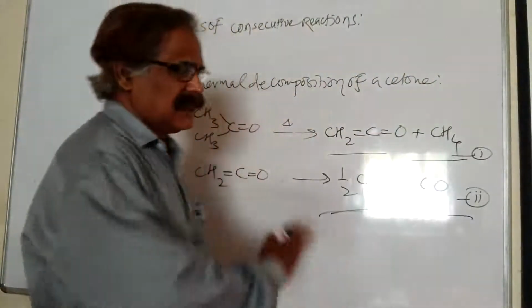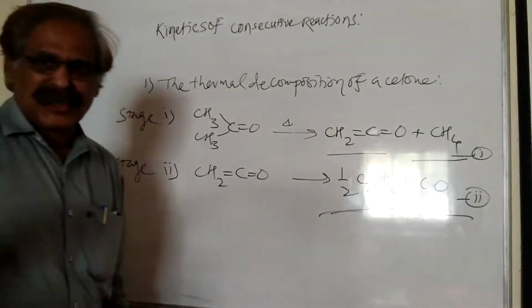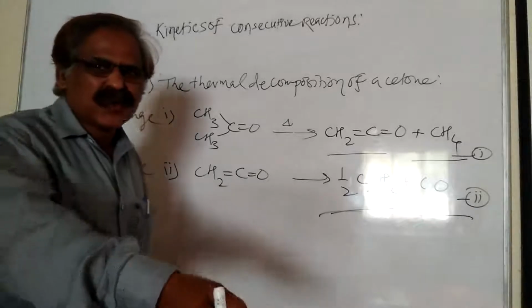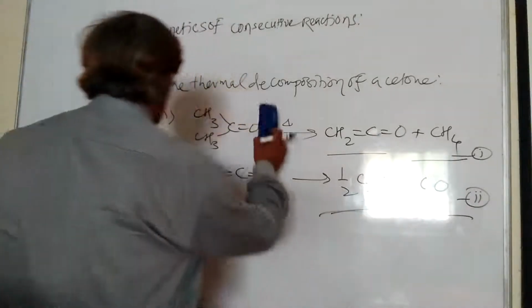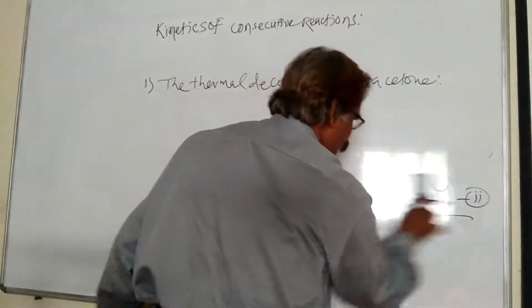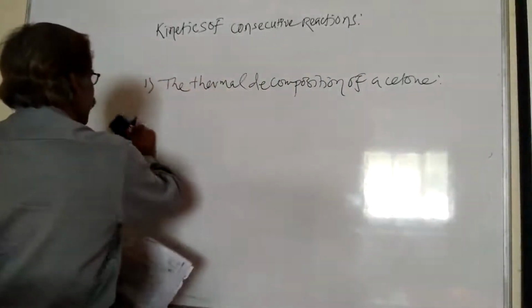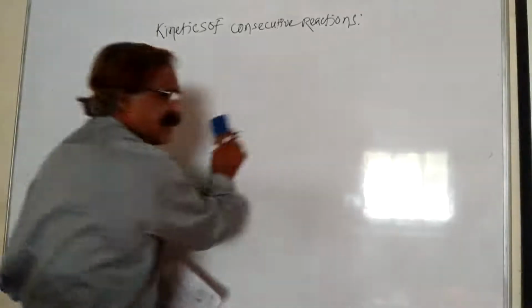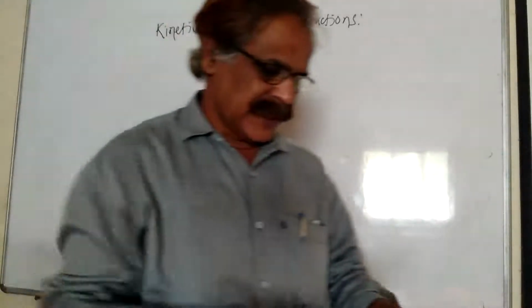So in this way, this reaction takes place in two consecutive steps and therefore is known as consecutive reaction or sequential reaction. Let us have one more example of consecutive reaction.